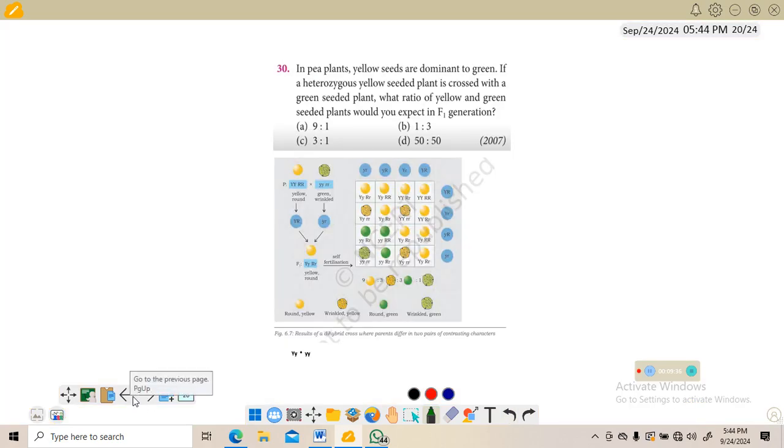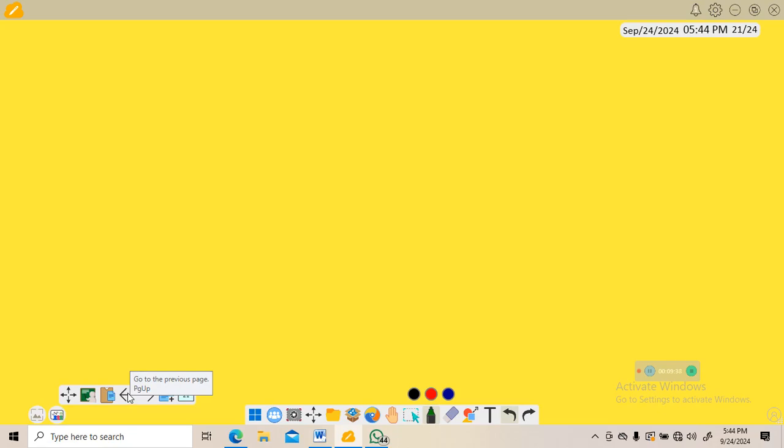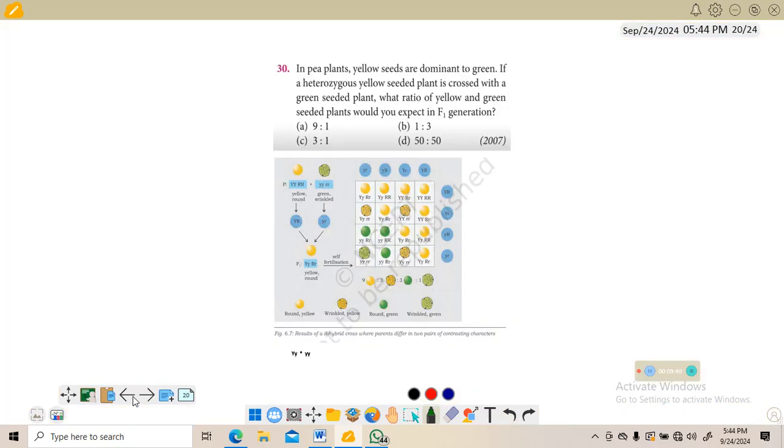In pea plants, yellow seeds are dominant to green. So that means this is yellow, dominant to green. Here they are talking about seed color.